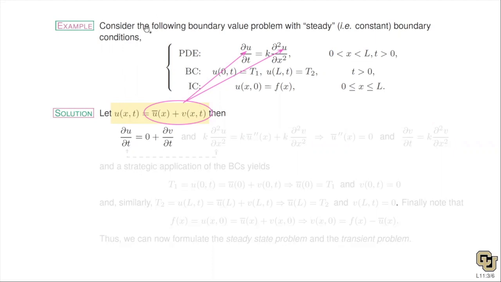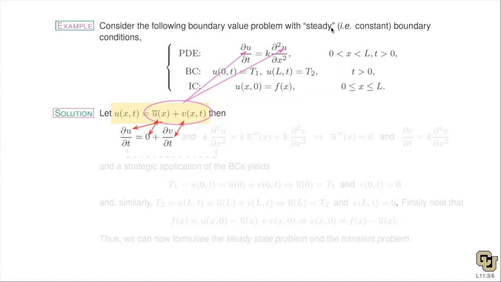So for partial u partial t, when I plug in u bar plus v, u bar isn't a function of t. The derivative of u bar with respect to t is just 0, and that's where this 0 comes from. Then the partial of v with respect to t is partial v, partial t.